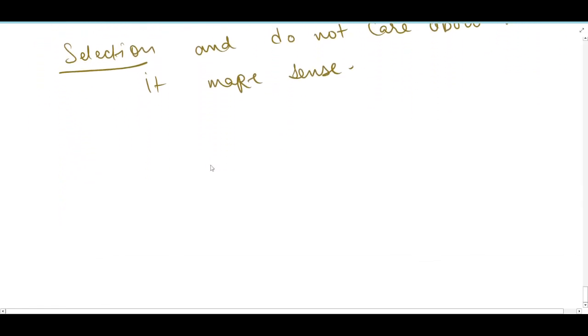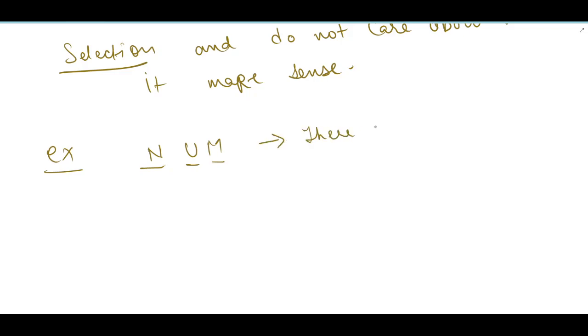For example, in the previous example, if we take NUM as a three-letter word, then according to combination there will be only one way of representing this word.